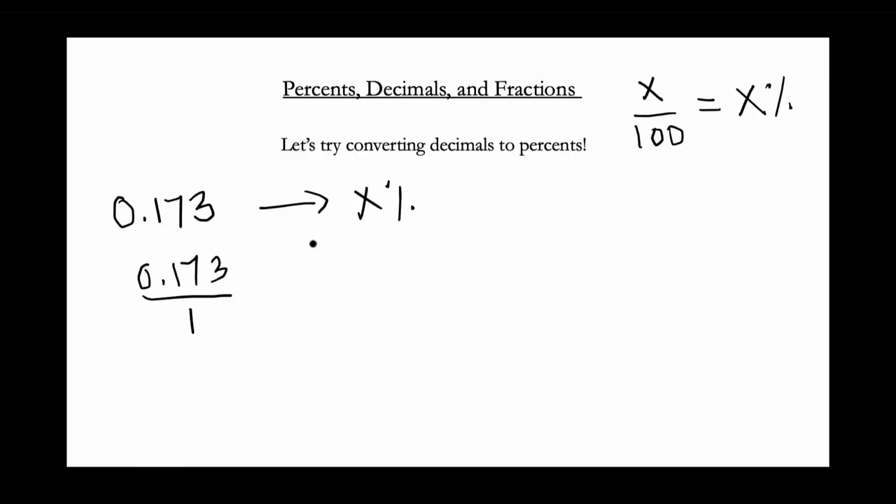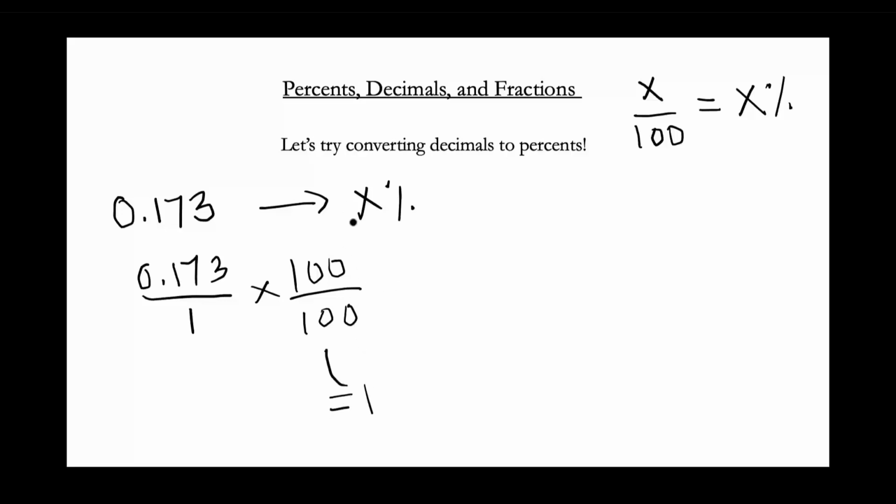So if what we want now is to have this number, or this decimal, 0.173 over 100, or out of 100, what we can do is multiply both our numerator and our denominator by 100. Doing this does not change the value, right? Because 100 divided by 100 is just equal to 1.